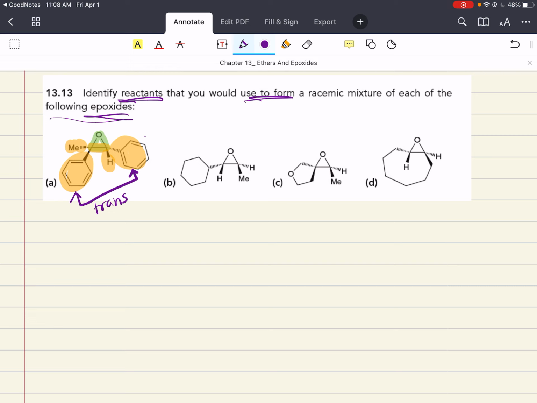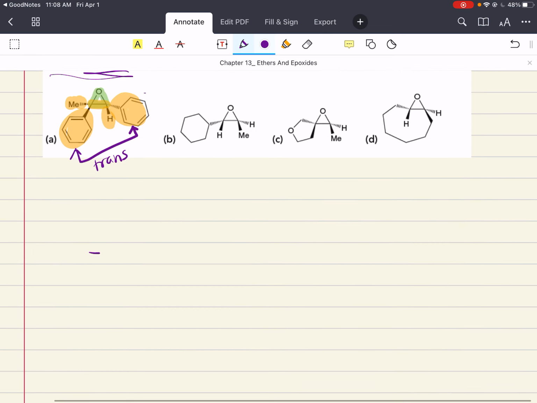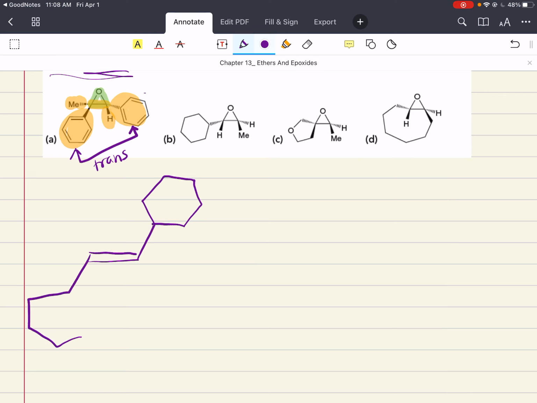So we have our 4 groups, and we know that the 2 benzene rings have to be trans to each other. Our starting material has to have a double bond, and the 2 rings have to be trans, so they're going to have to go like this.